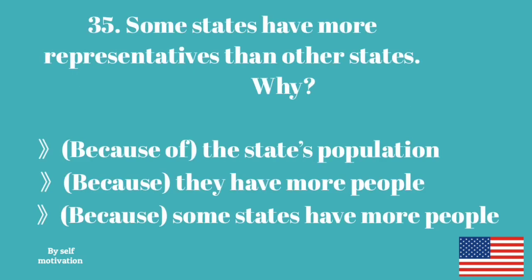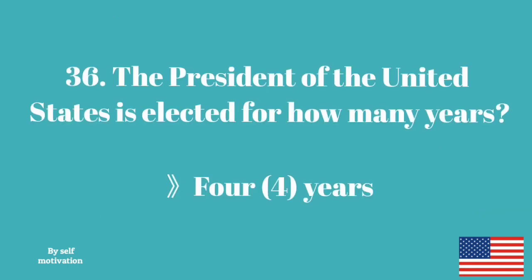Some states have more representatives than other states. Why? Because of the state's population. Because they have more people. The President of the United States is elected for how many years? 4 years.